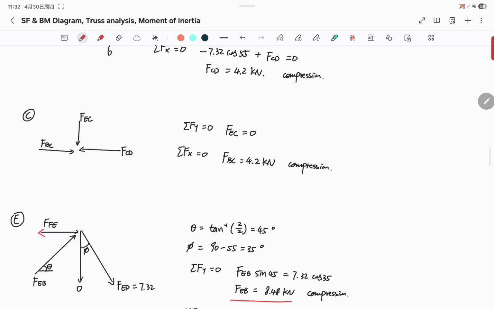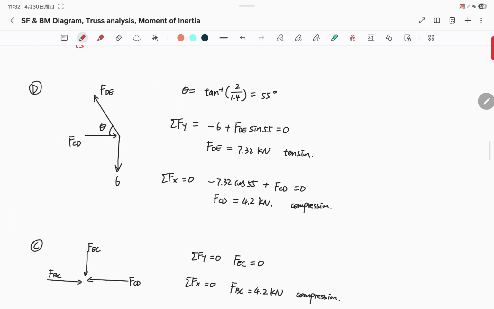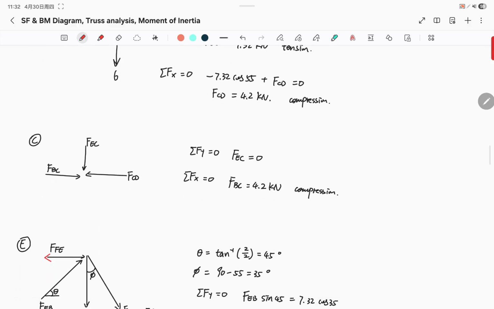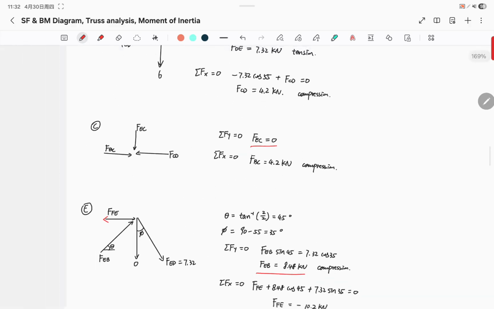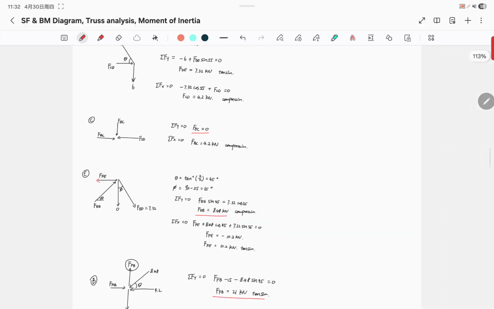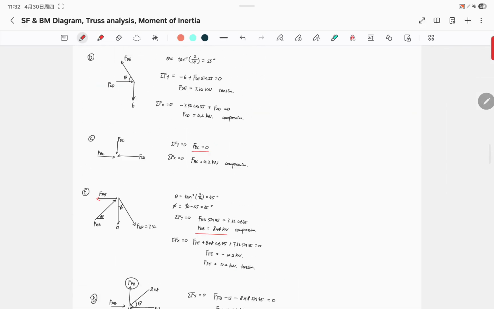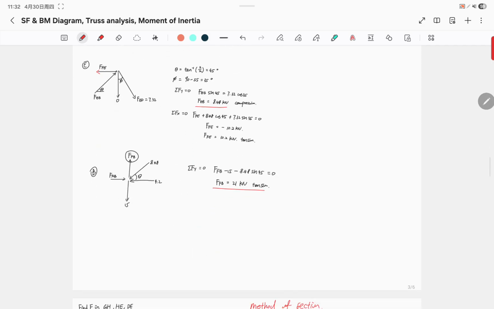CE, where is CE? Here, it was 0. So this is how you do the joint method.